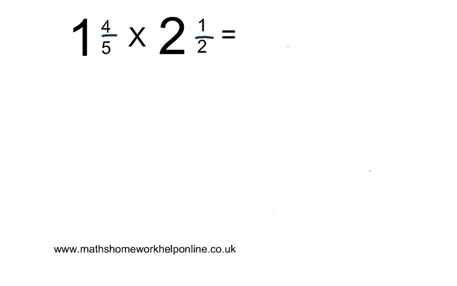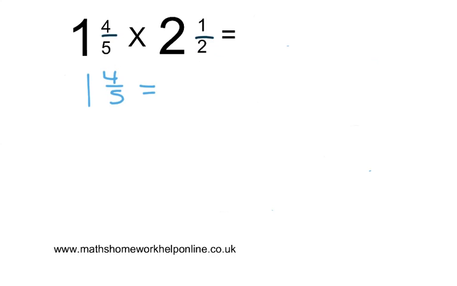Okay, let's look at a more complicated example where you've got a mixture of fraction and whole number, so a mixed number. In this case, the first step is to take each number, so 1 4/5, and turn it from a mixed number into an improper fraction.